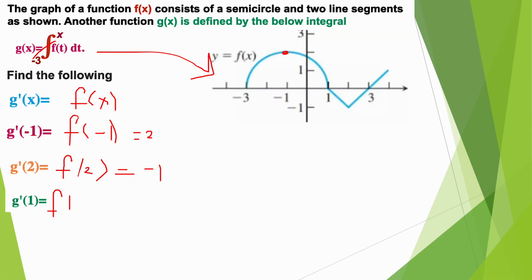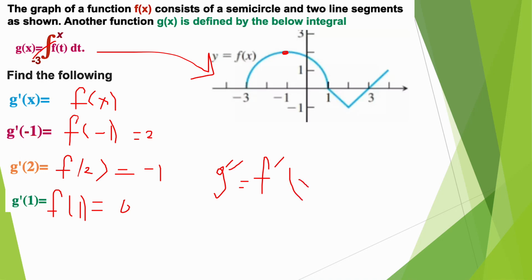Now if I want to find something else, like the second derivative, for example, the second derivative of g, so g double prime, in this case, it is f prime, because we just continue deriving, so it will be f prime of x.